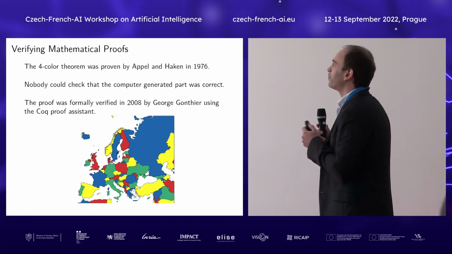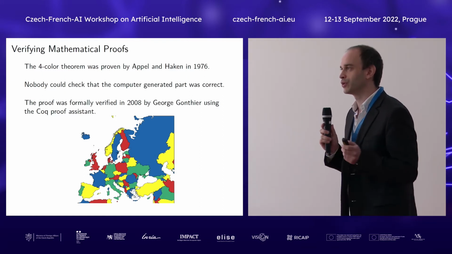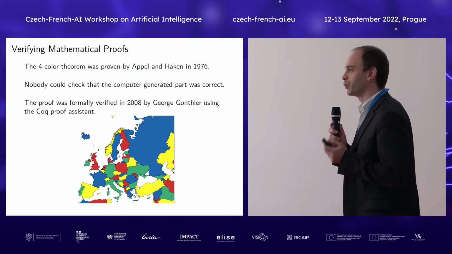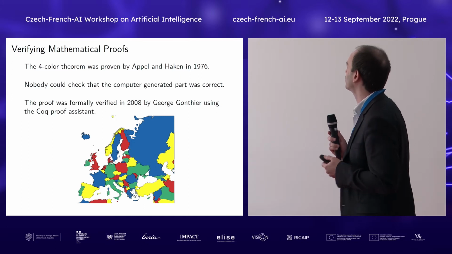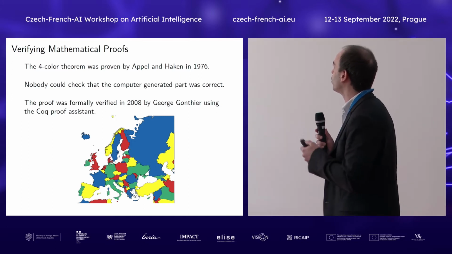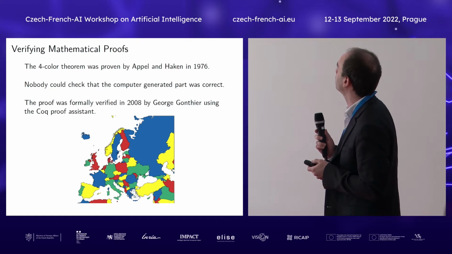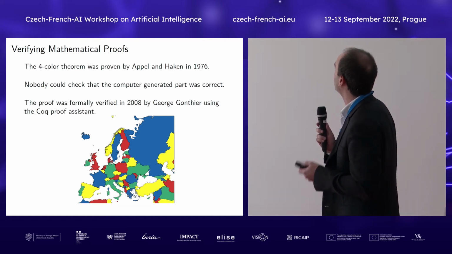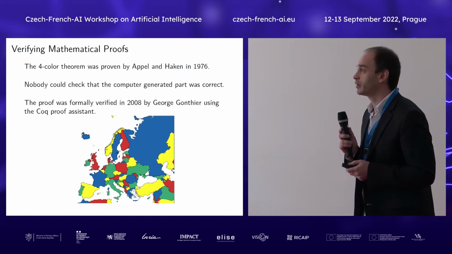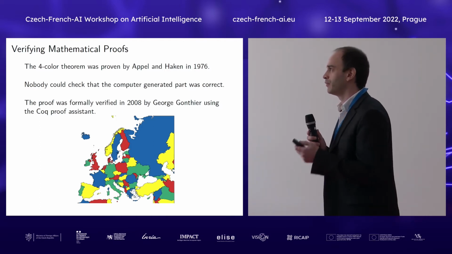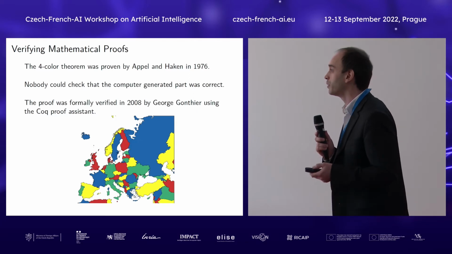So the map has this property that no 2 countries that border each other should have the same color. And it's surprising that you need only 4 colors maximum. And this was proved by Appel and Haken in 1976. But there was a big part of the proof that involved checking many cases by a program.